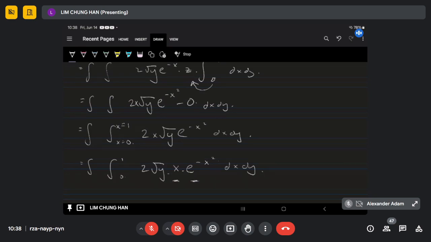Okay, how do you do integration by parts? Anyone? uv minus the integral of v du.